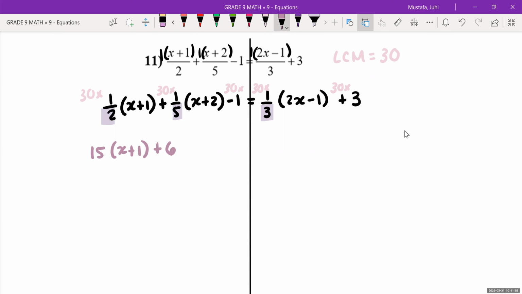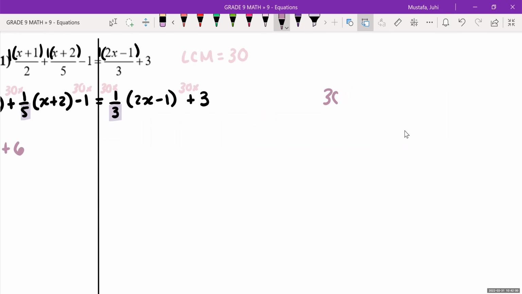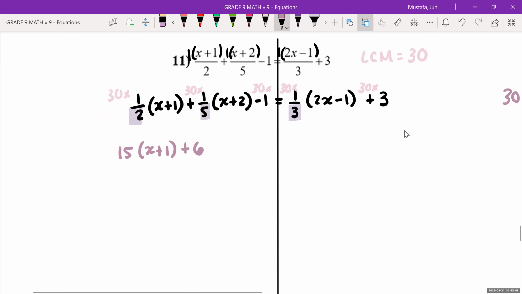If you're not getting that, you can either cross reduce or just multiply out. 30 divided by 5 is 6. And then this is going to be minus 30. 30 times 1 is 30. 30 divided by 3 is 10 bracket 2x minus 1. And then this is going to be 90.